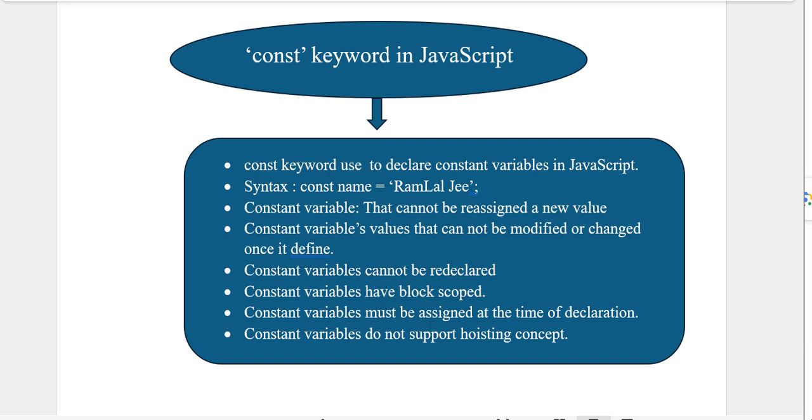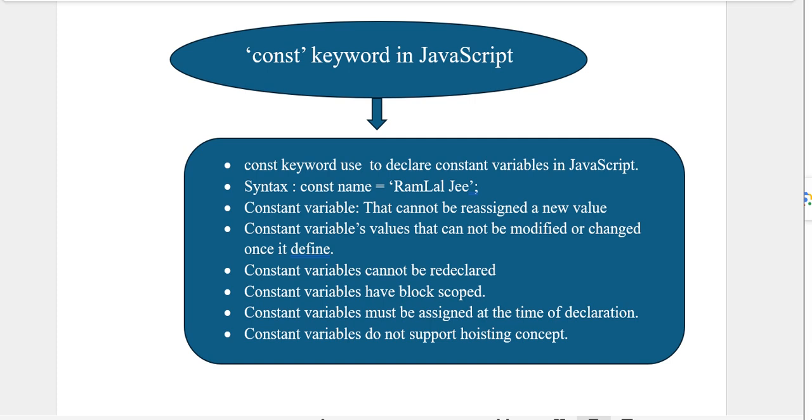In the previous video we have already discussed what a variable is, how many types of variables there are, that is, global variable and local variable. Then how to declare variables using the var keyword and let keyword, and how many keywords you have in JavaScript to declare variables.